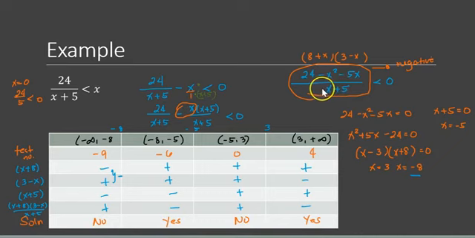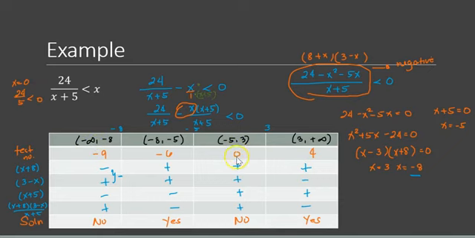You can also check when x is 0: you get 24 divided by 5, which is not less than 0, so this is not a solution. You can use other test numbers; I just showed you 0 because it's easier.